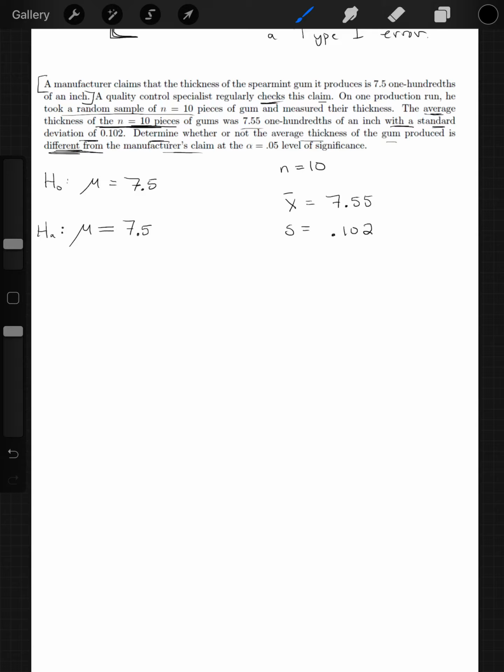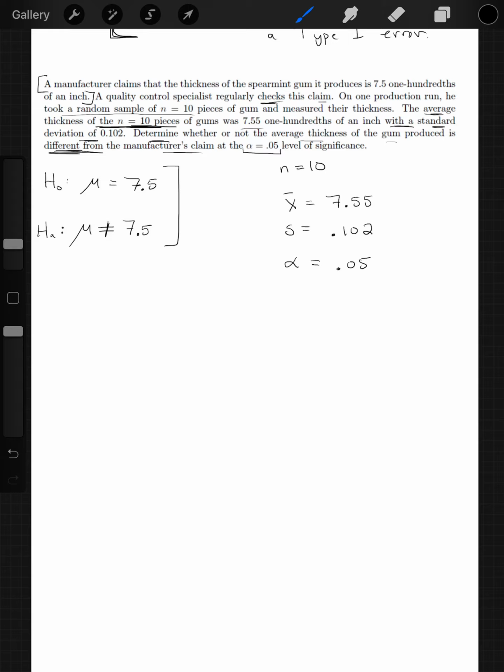It just wants to test whether it is at all in any way different from what the status quo is, what the manufacturer's claim is. Right? And then lastly, it tells us what alpha is. Right? So we've got our hypotheses set up here.